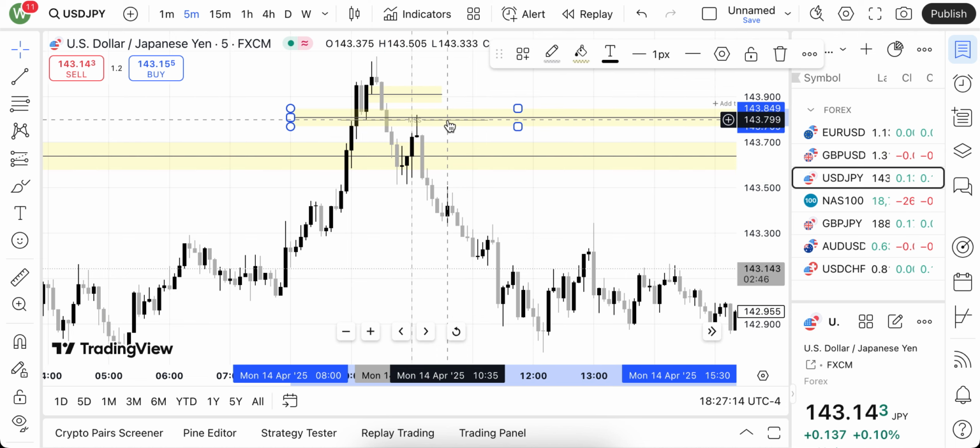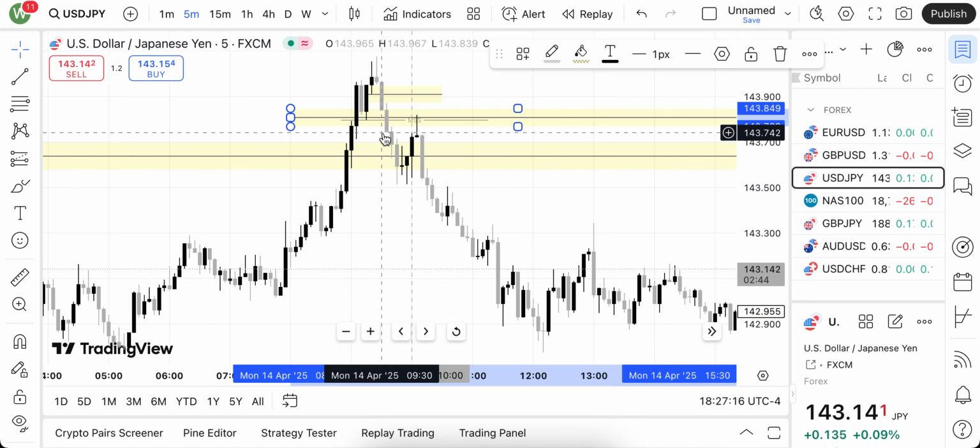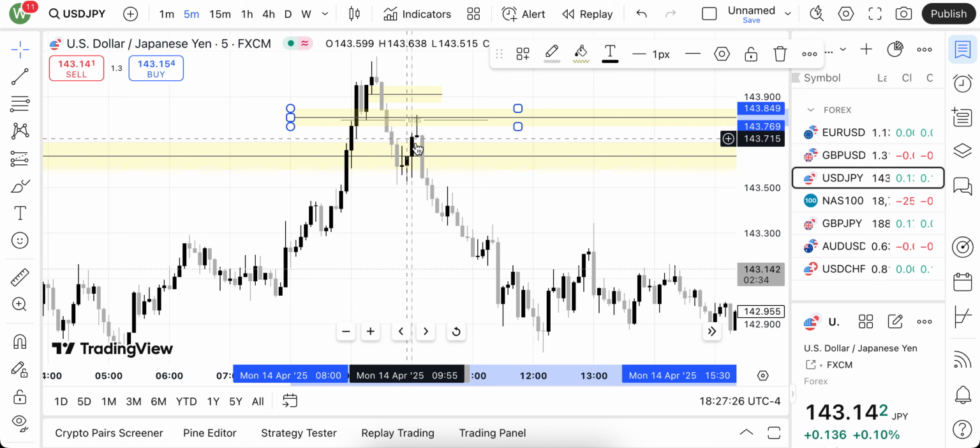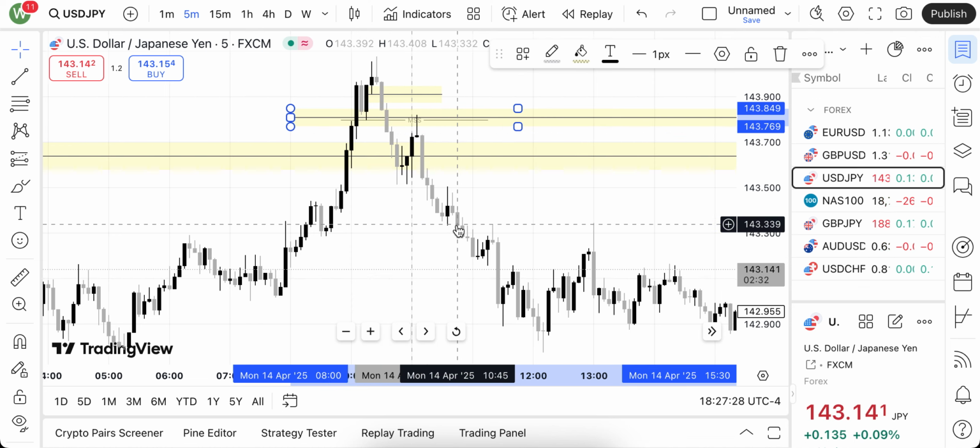Normally that's what I should have done, but the moment this candle closed in this area, I entered a trade immediately and rode that trade for a 1 to 1, or a 1 to 1.5. I can't quite remember now.